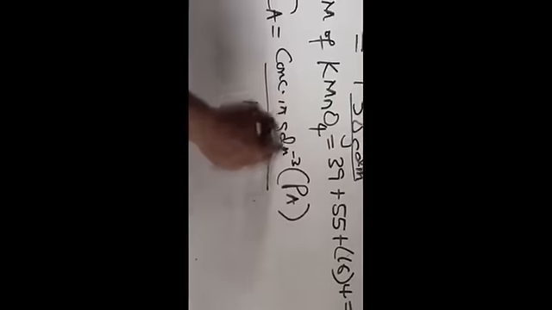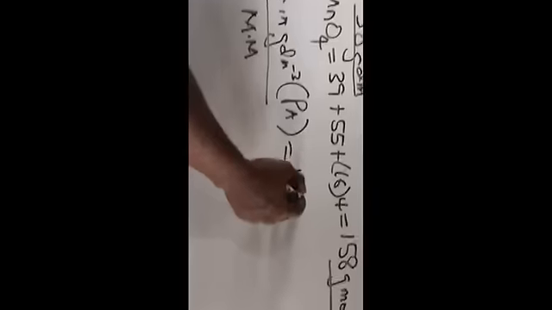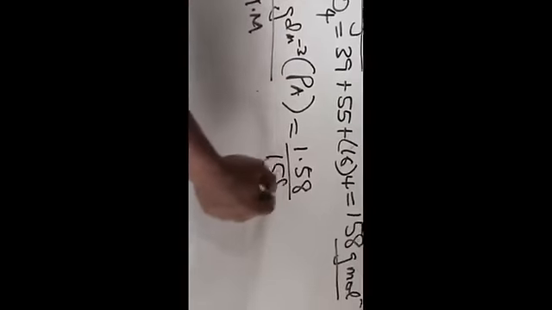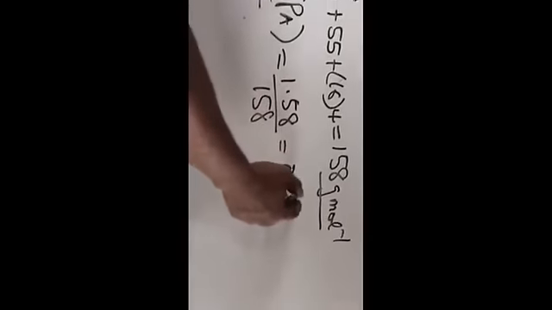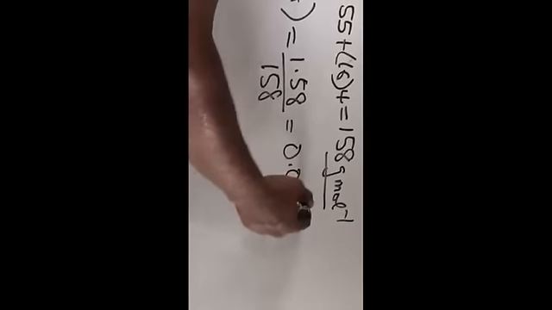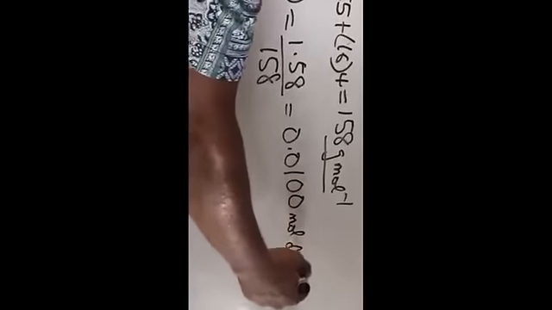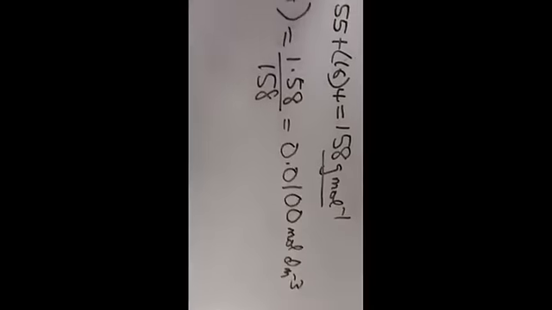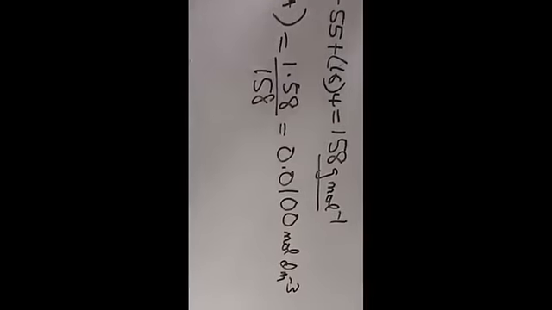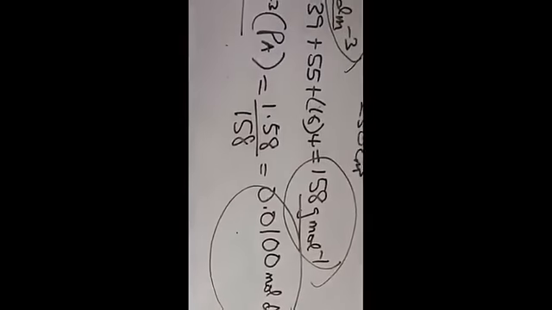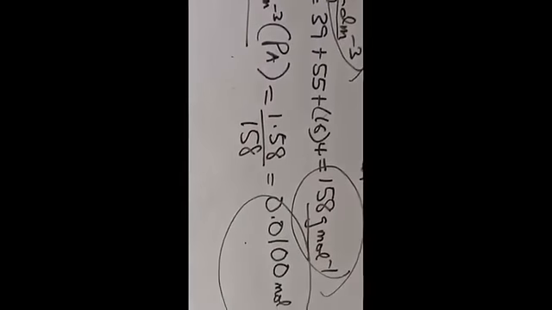So the concentration of A in gram per dm cube is 1.58, which we got here. Molar mass 158. When we divide, we're going to get 0.0100, with another 0 to 3SF, mole per dm cube. Check out, whenever we say equal to in calculation, the value must be presented in 3 significant figures. Look at the values here, all in 3SF. So this is our Ca, the concentration of A in mole per dm cube.